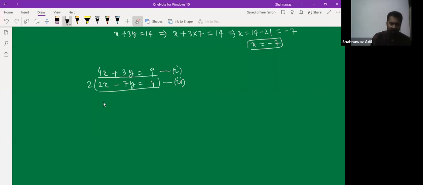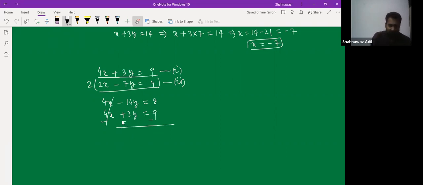So this will be 4x minus 14y equals 8. And what is the first equation? 4x plus 3y equals 9. Now we subtract this. So this gets cancelled. And this is how much? Minus 14y minus 3y.